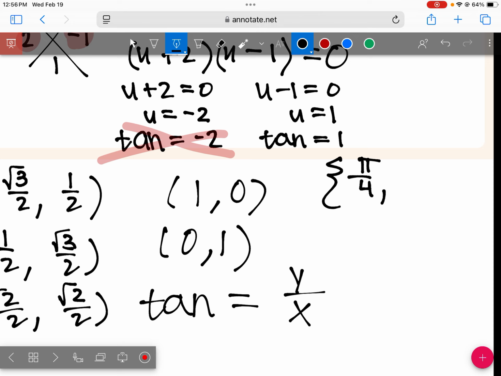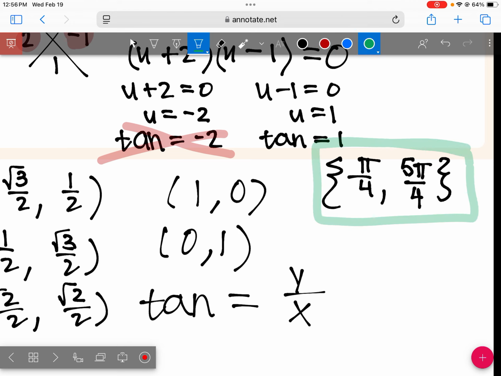All students take calc. So we're looking in quadrant 3. What's the value in quadrant 3 that will make this positive 1? And that's your answer.